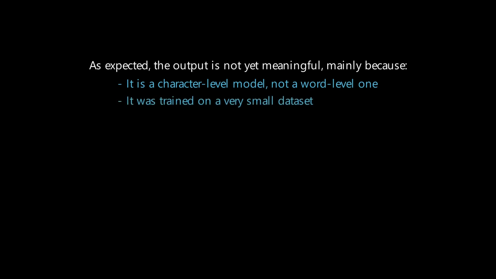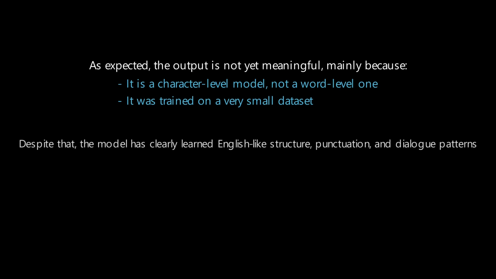The output still isn't fully meaningful because this is a character level model. Humans think in words and not characters. And also, the data set is still relatively small. But even so, the model has learned basic language structure very well, be it punctuation, spacing, or dialogue patterns.